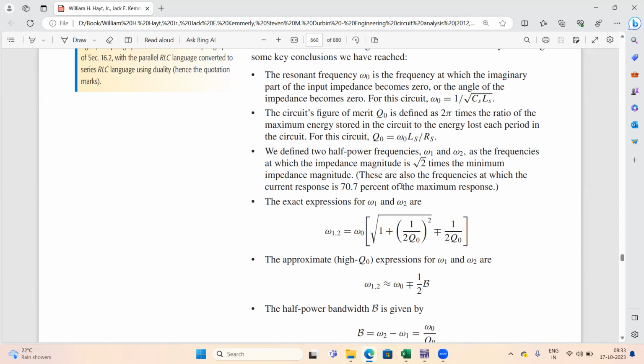These are the frequencies at which the current response becomes 70.7% of the maximum response, so 0.707 times the maximum response.